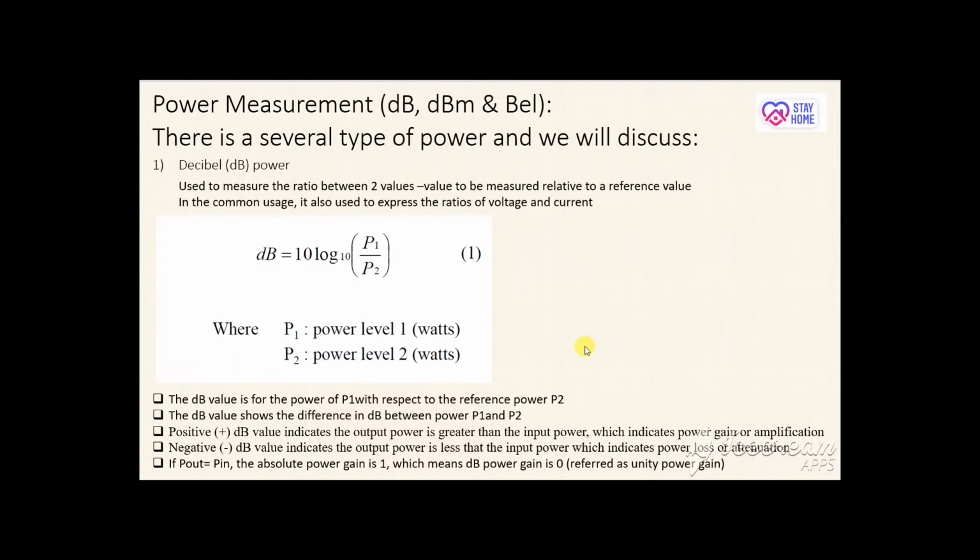On the other hand, if the answer comes out as a negative value, we can say that the P out is less than the P input, so the device has power loss or attenuation. If the P out is equal to the P input, the power gain is 1, and the dB will be 0.